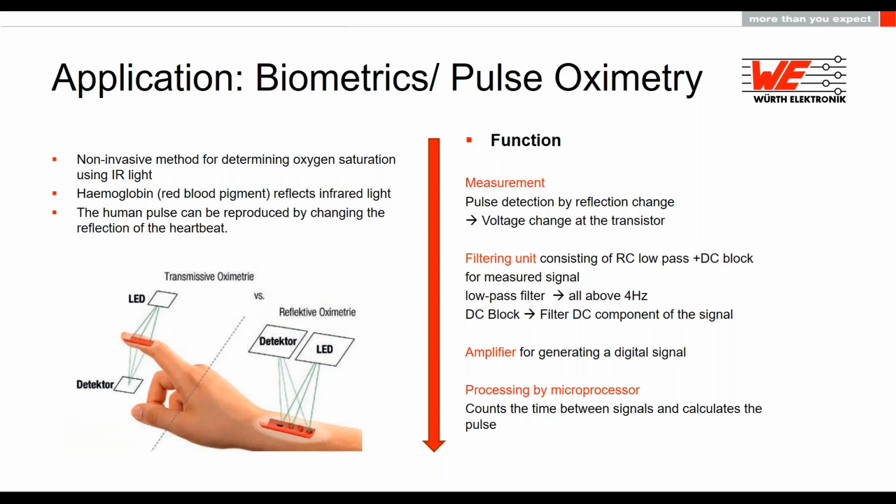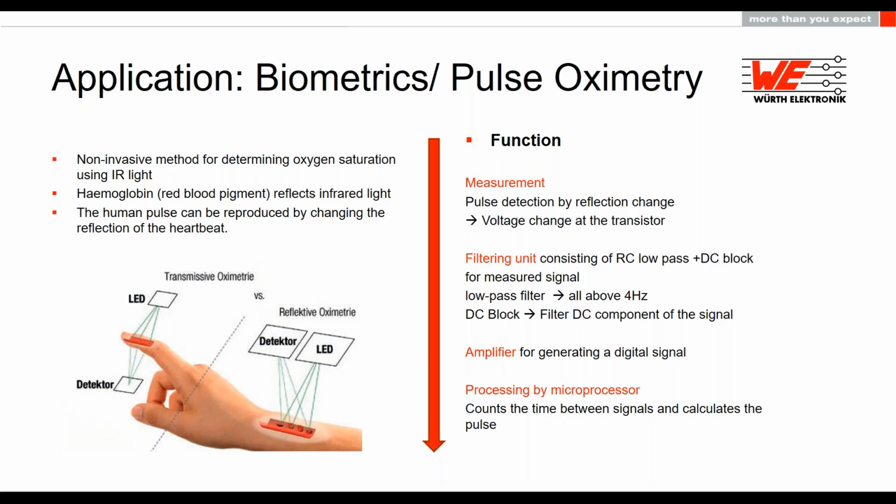We just have an LED and a detector on both sides or on one side aimed at our vein, and the infrared light then gets reflected from the hemoglobin in our blood vessels, and then with the human pulse we are changing the reflection or the hemoglobin concentration. So each pulse can basically be tested with the detector.